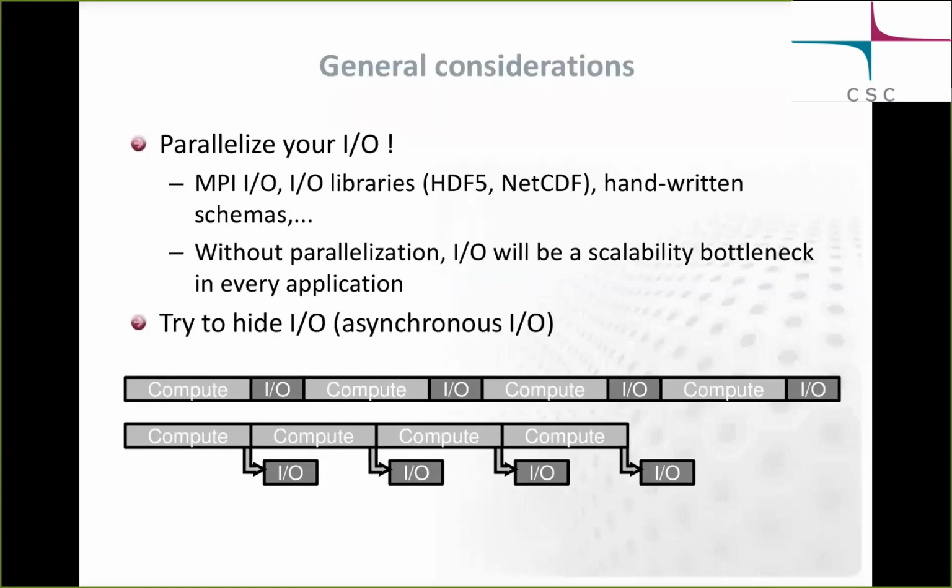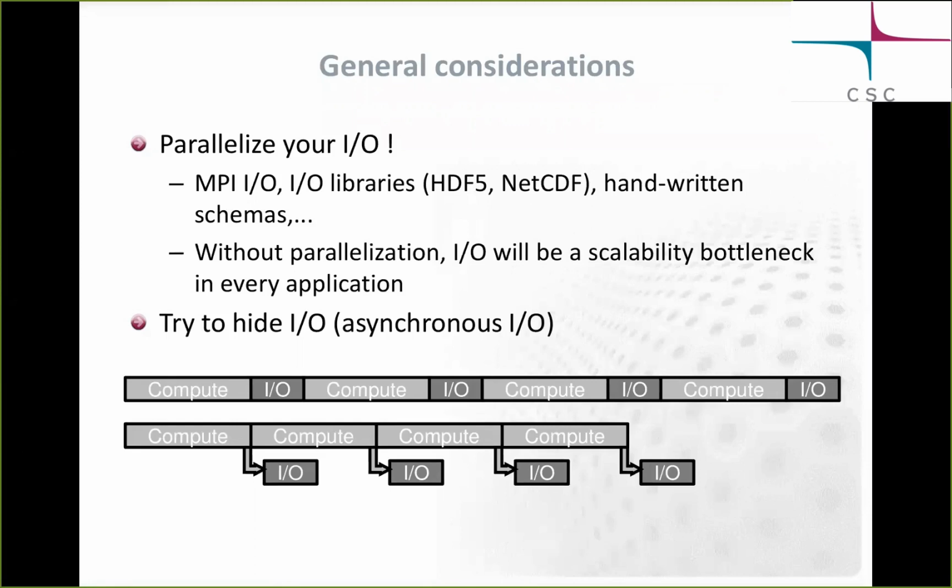And the long story short: if you do not parallelize your I/O, meaning that you let one single rank carry out the file I/O, it will be a scalability bottleneck in every single application, period. So in order to have a really parallel program, you have to parallelize your I/O.